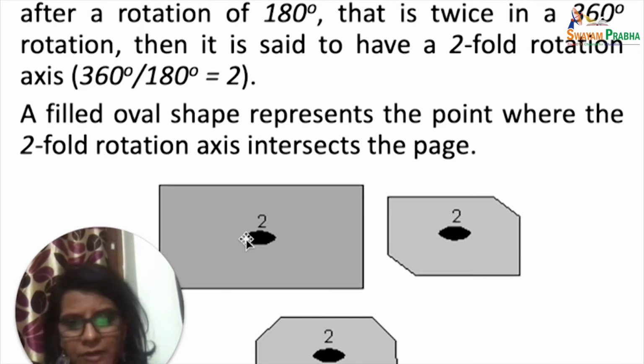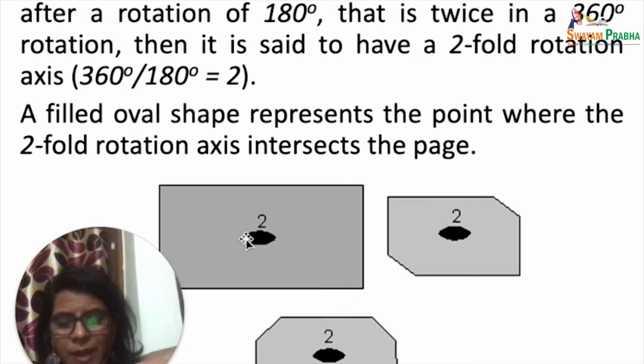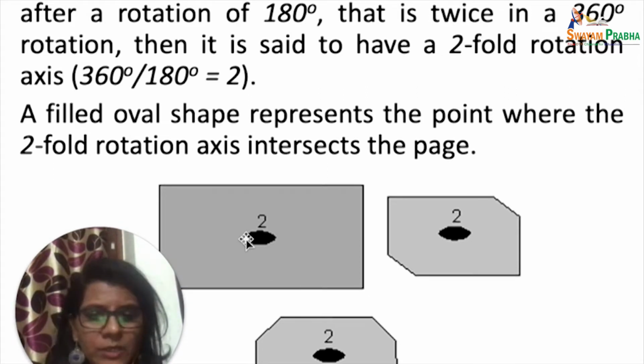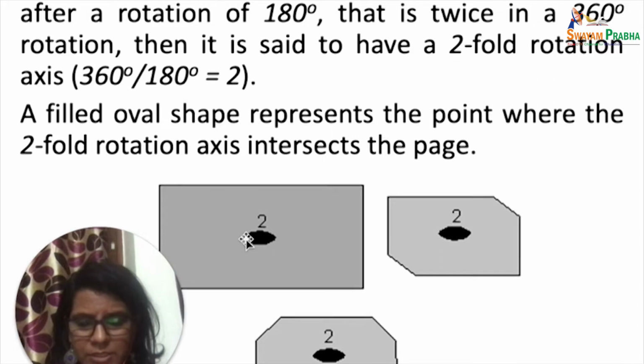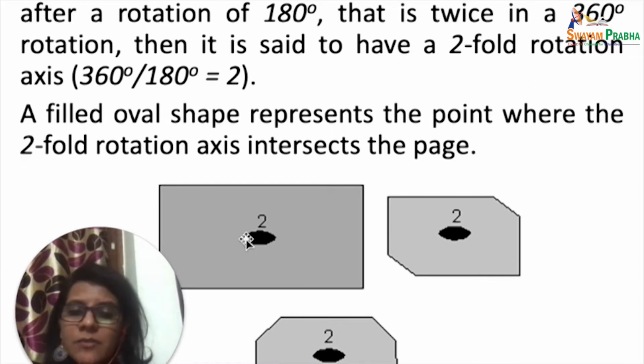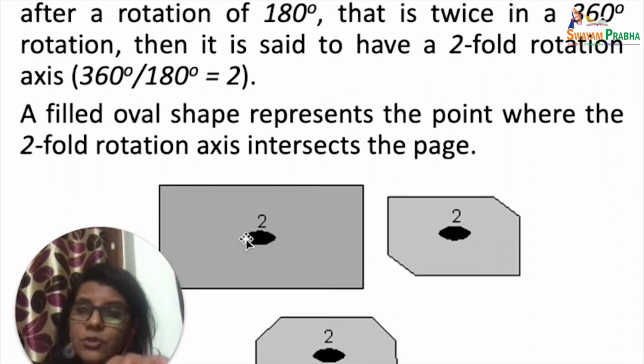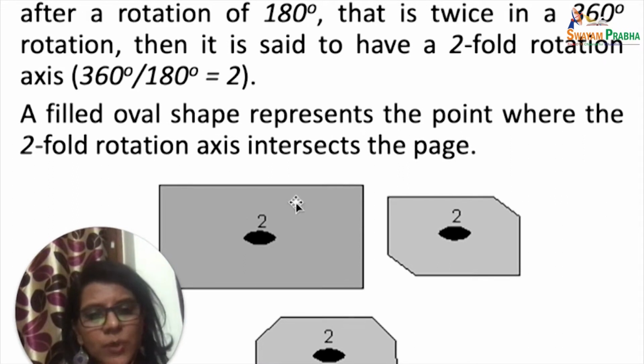Now, if I rotate this by an angle of 180, then only I will get an identical structure. Another 180, I will get an identical structure. So in a 360-degree rotation, I am getting this structure twice. So it is said to have a twofold rotation symmetry.